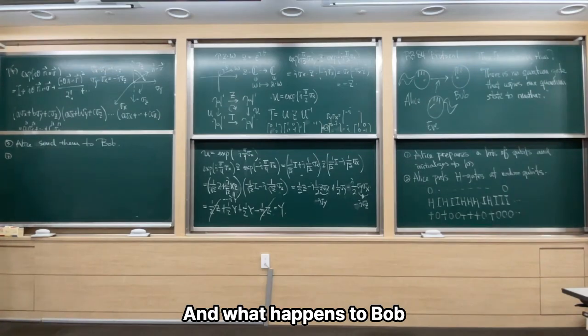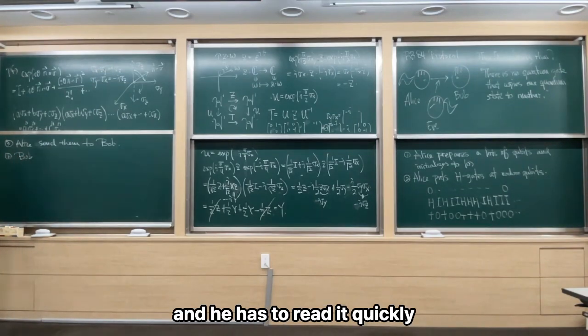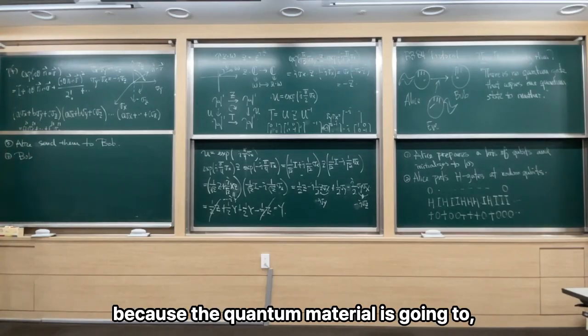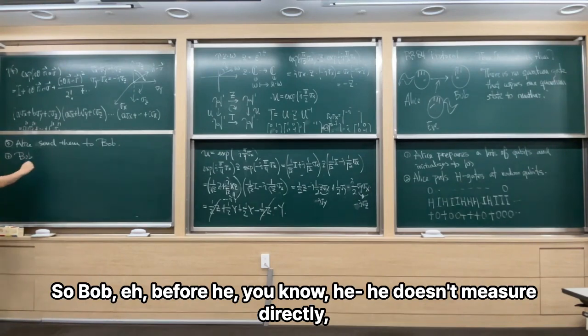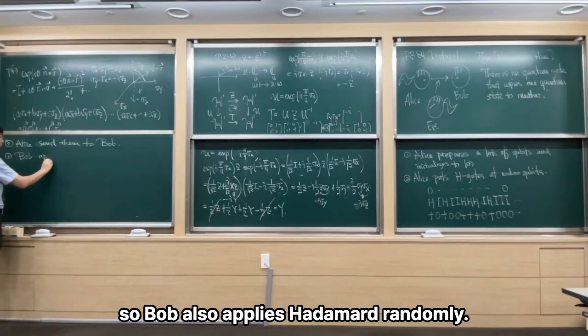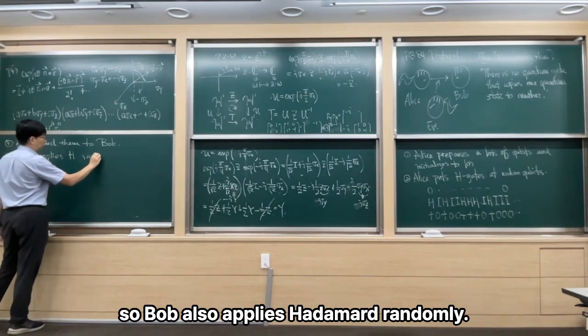And what happens to Bob is that Bob receives the message, and he has to read it quickly because the quantum material is going to decohere quickly. So Bob also applies Hadamard randomly.